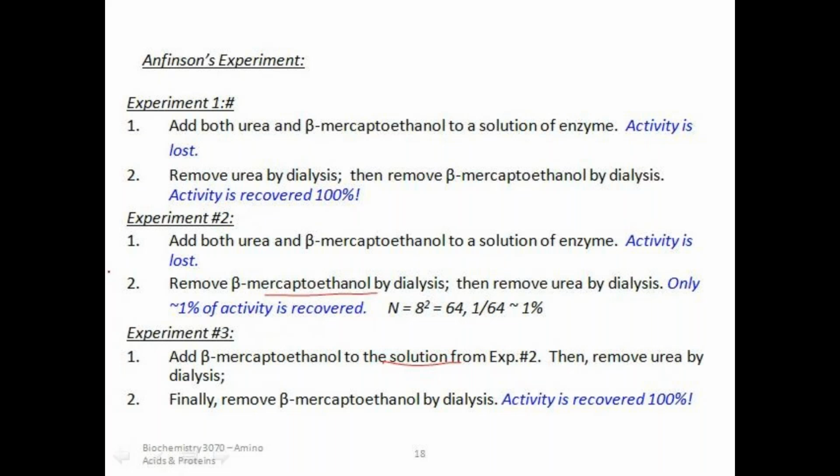Whereas urea is responsible for the hydrogen bonds involved in the three-dimensional conformation of proteins, which are broken by urea, and this is not responsible for the activity. That means beta mercaptoethanol removal or addition changes the conformation of protein.